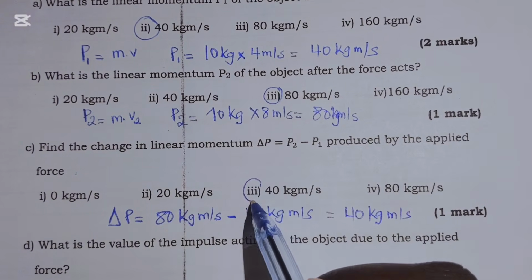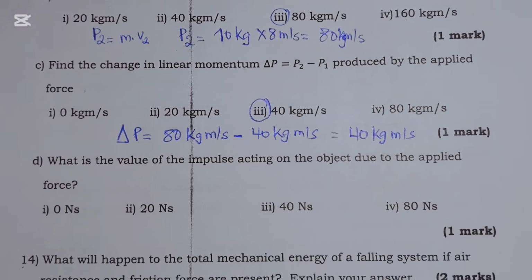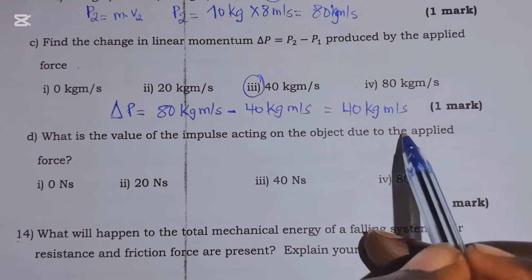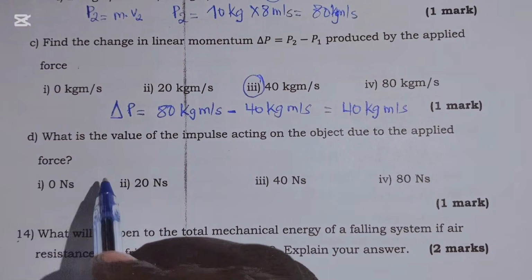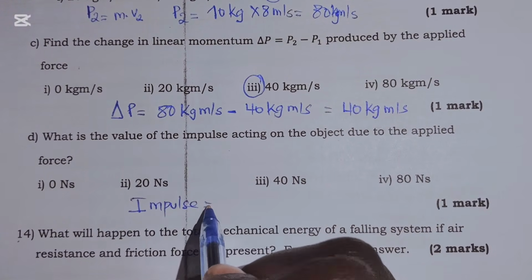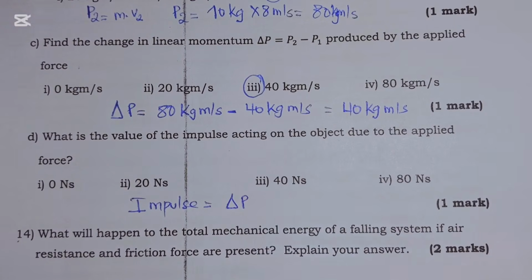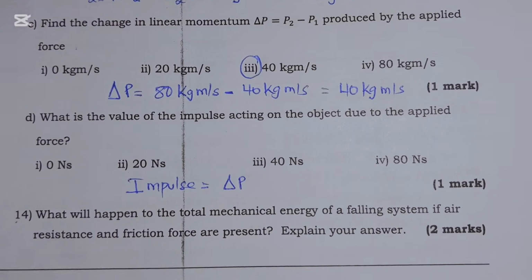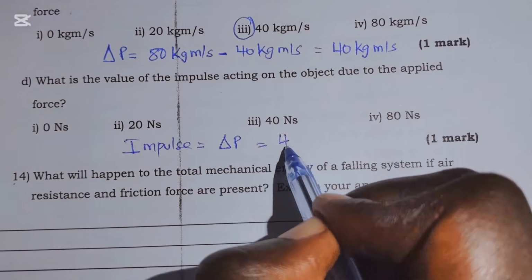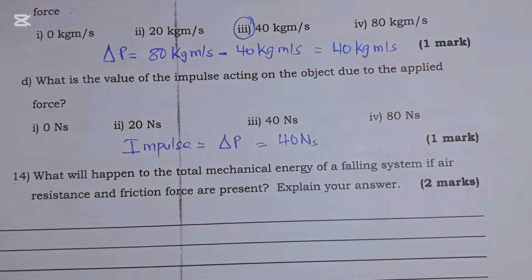So the best answer is this. What is the value of the impulse acting on the object due to the applied force? Impulse is the same as change in momentum, so the answer will not change. It will be 40 newton seconds.